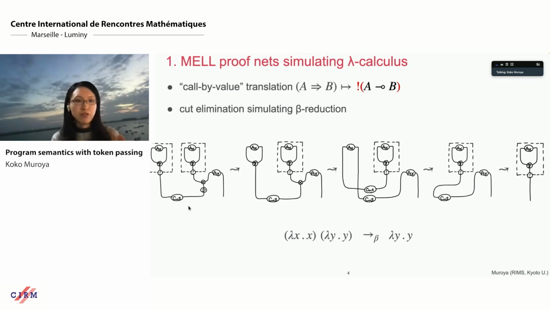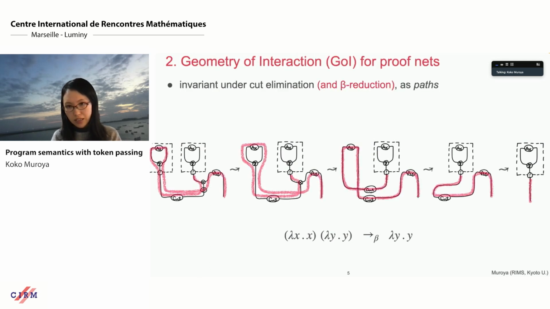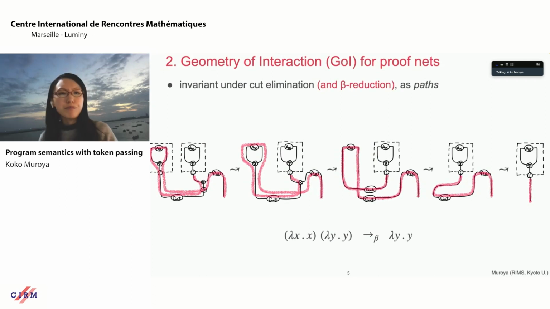Now we have proofnets and cut elimination, and using them together, we can simulate lambda calculus. Another thing that you've probably learned in the school is geometry of interaction. Geometry of interaction gives semantics of linear logic proofs and accordingly linear logic proofnets.